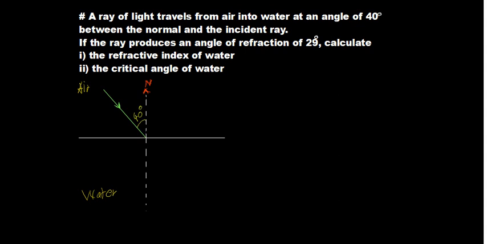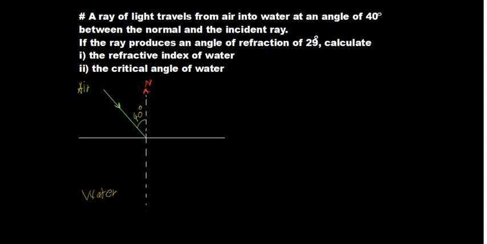The other information that we are given is that the ray produces an angle of refraction of 29 degrees. Calculate the refractive index of water as well as the critical angle of water. So from this part here, the angle of refraction.